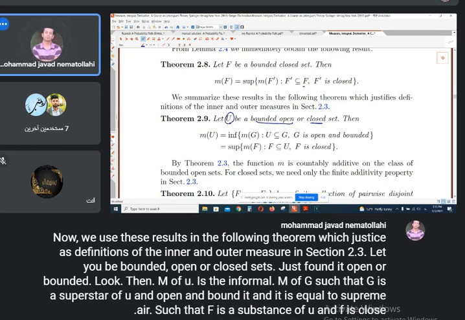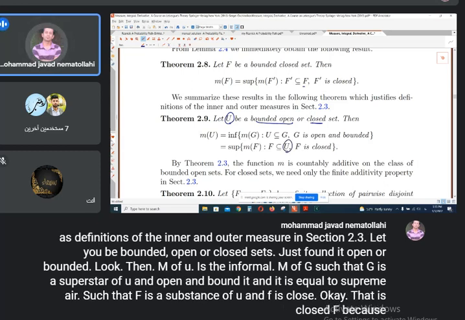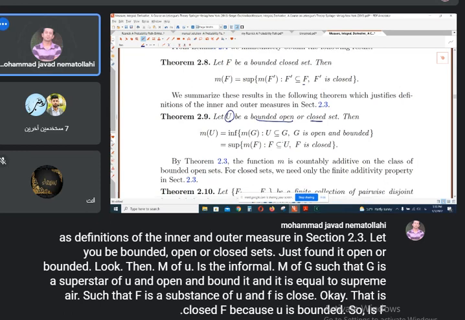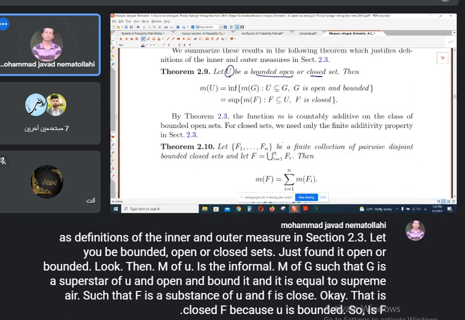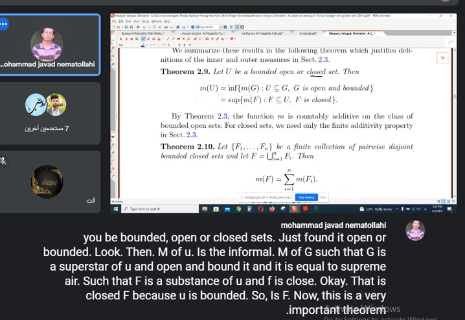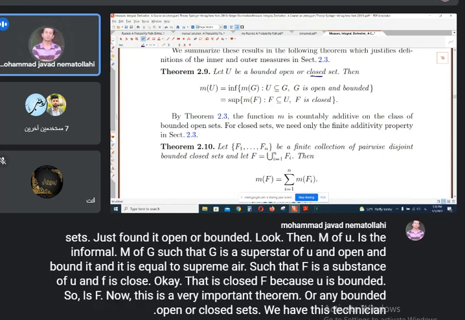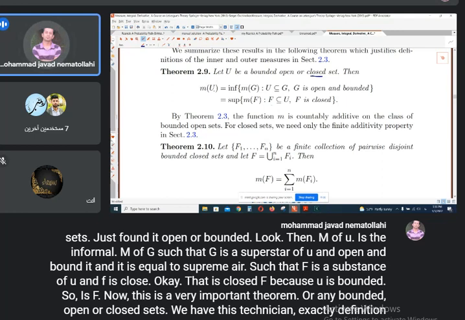Because U is bounded, so is F. Now, this is a very important theorem for any bounded open or closed sets. We have exactly this definition for the measure of the set U.